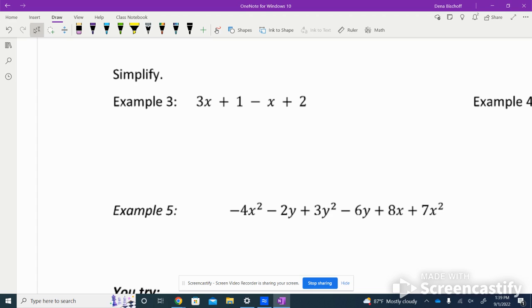There's a 1 there. We don't write it. Are there any other terms that are the same? Positive 1 and a positive 2. 1 plus 2 equals 3. So when I simplify it, this expression becomes 2x plus 3.